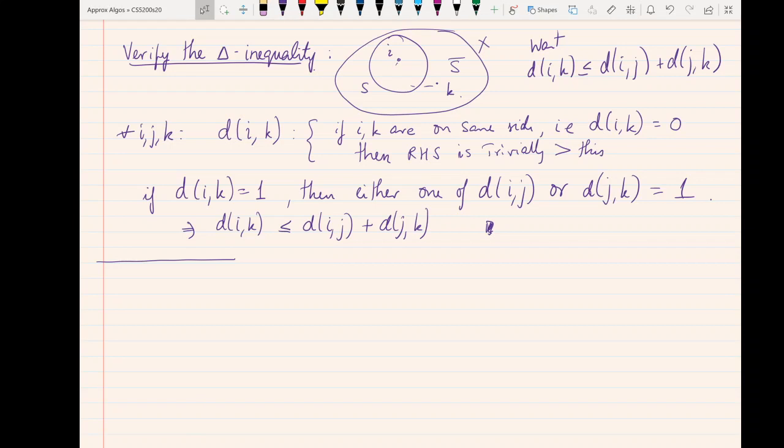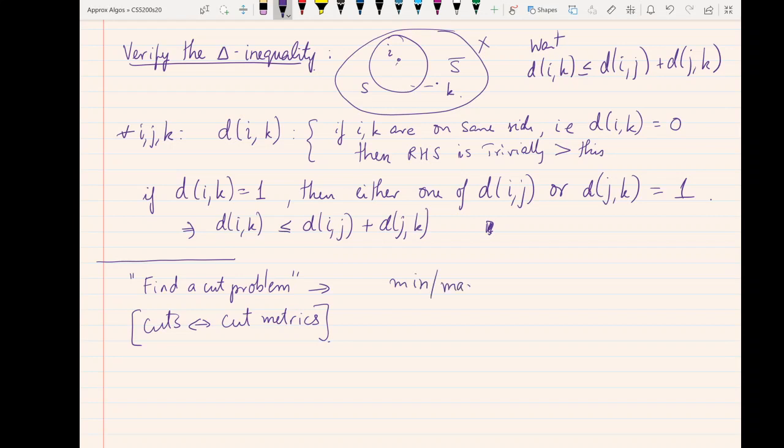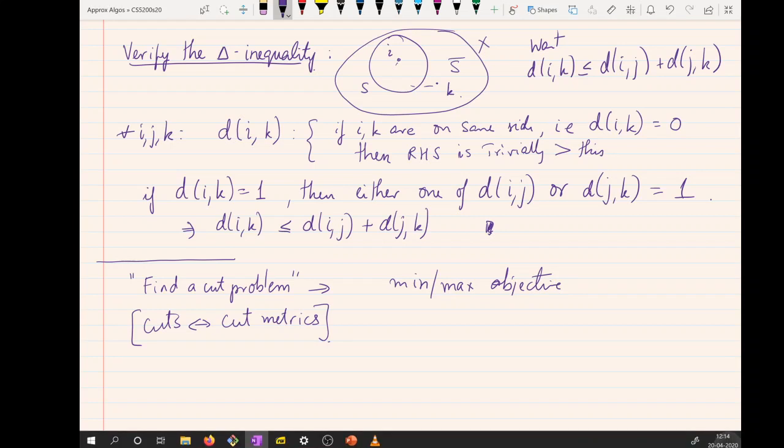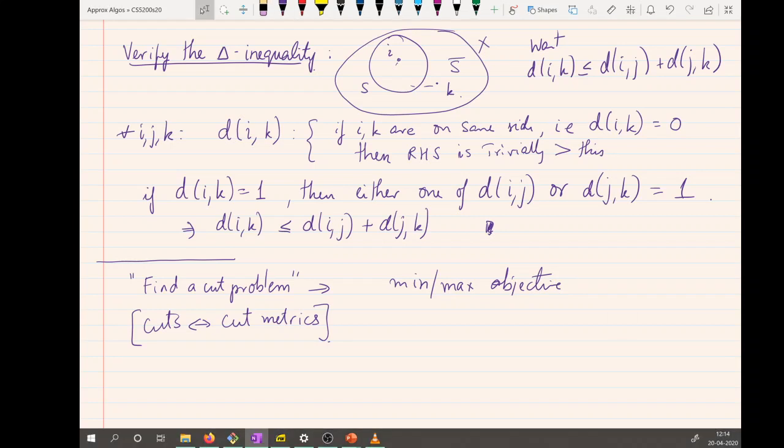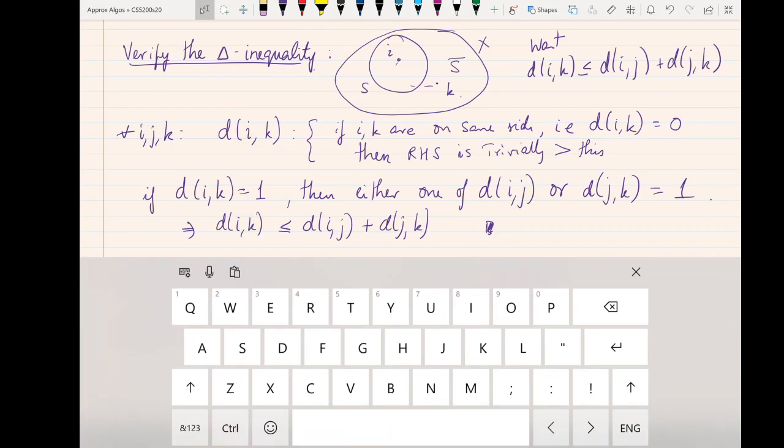So if you have a cut problem that minimizes some objective, you know that since cuts are in one-to-one correspondence with cut metrics, you can restate this as saying that you want to minimize or maximize an objective, where the objective has as its variables the dij's.